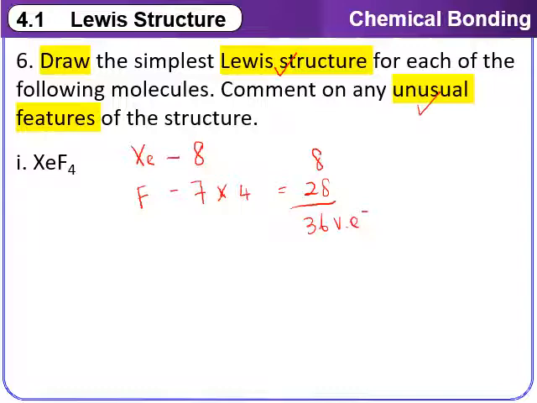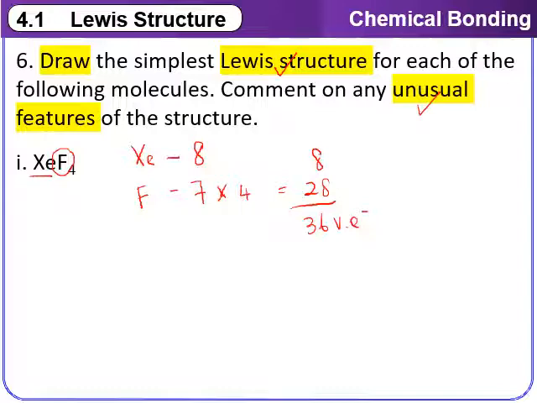From time to time you will notice there are some very common elements that are always used, so try to remember their number of valence electrons. As we know, we choose the least electronegative atom as the central atom. In chapter 3 on the periodic table, we already know fluorine is one of the most electronegative elements, so xenon is less electronegative.